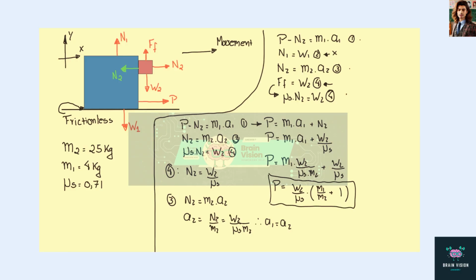And now, remember that the weight force is given by the mass times the acceleration of gravity, which is approximately 9.8 meters per second squared near the surface of the Earth.